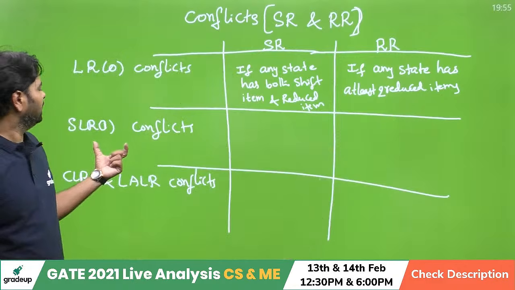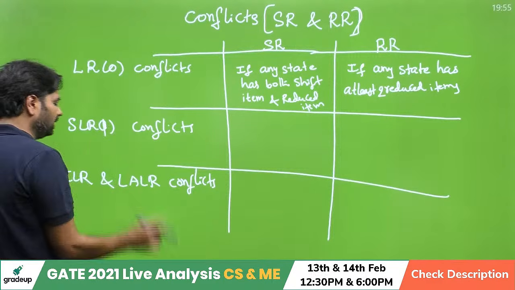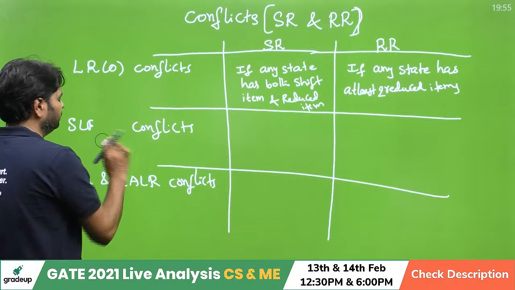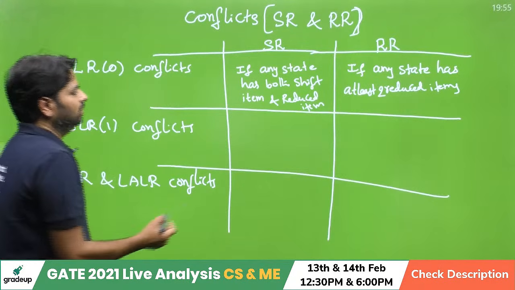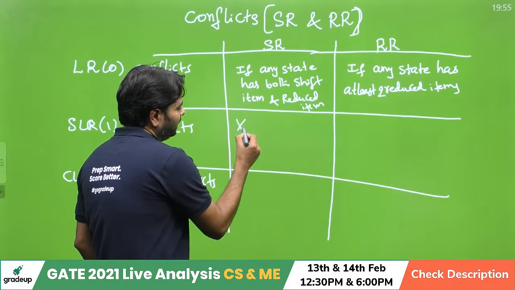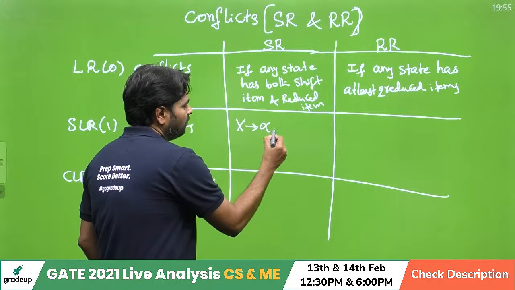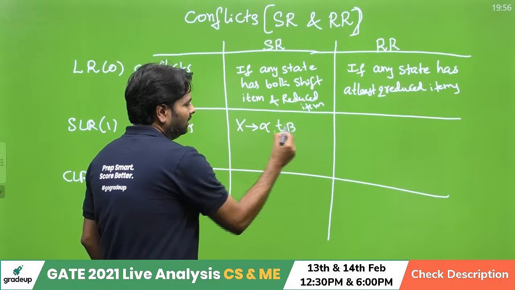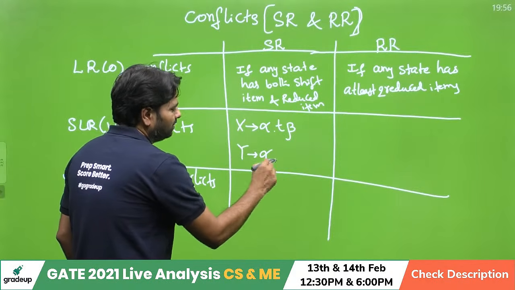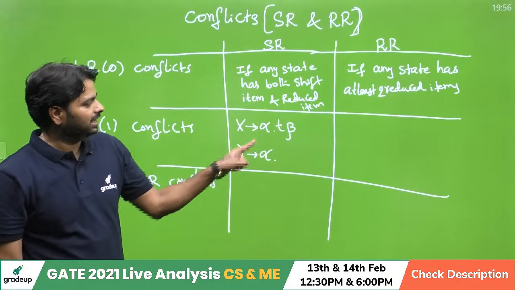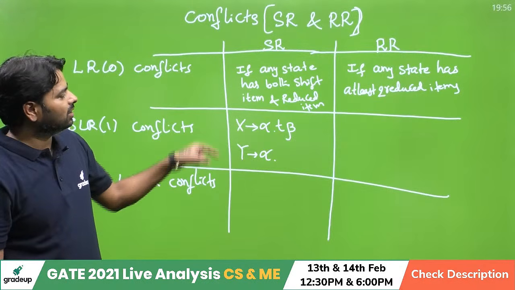Okay, but when it comes to SLR1, if I have something here, X derives alpha dot tb, this is a shift item. Let's say this is a reduced item. Shift item, reduced item. So how do you check the conflict here?